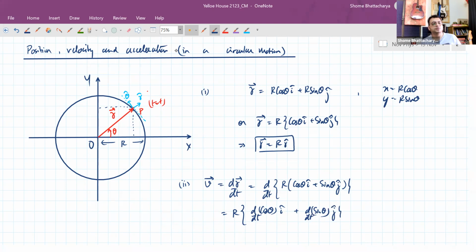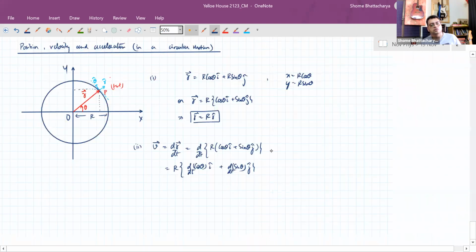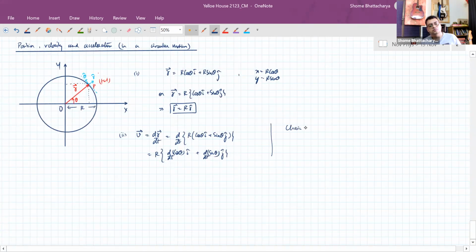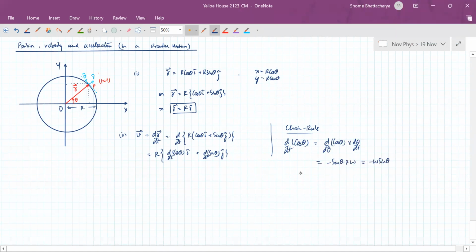Now this is where we'll have to make use of the chain rule. So if we want to find the rate of change of cos theta, we'll have to express it as the derivative of cos theta multiplied by d theta by dt. And that is nothing but minus sin theta multiplied with omega. So it becomes minus omega sin theta.